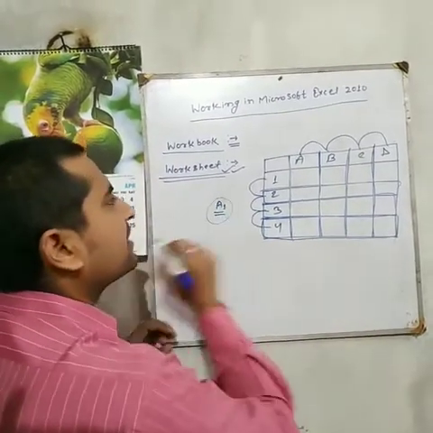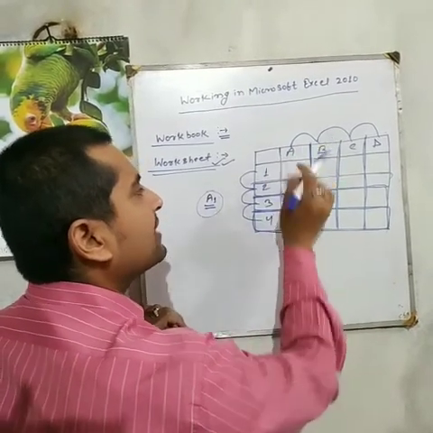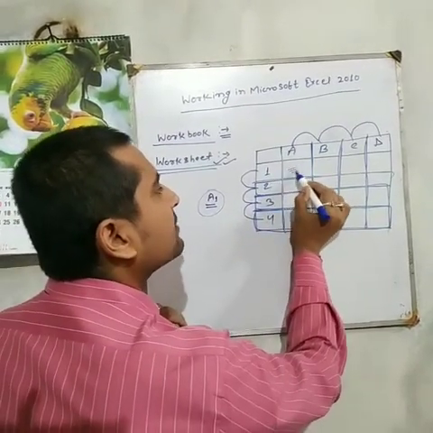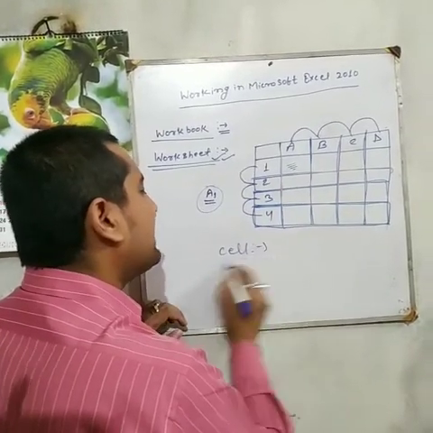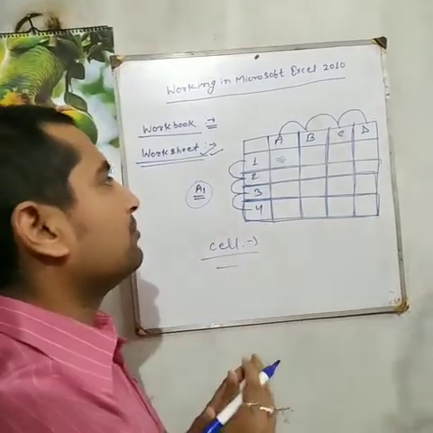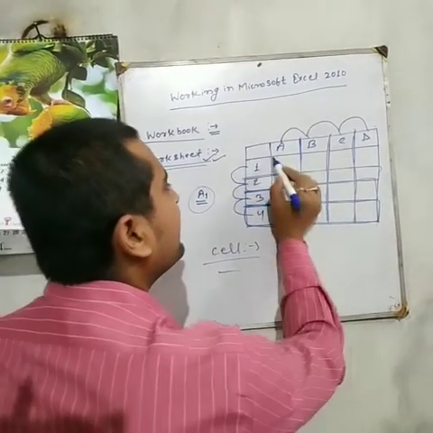A1 means what? Column A, row 1, that is A1. That is a cell. A cell is the intersection of rows and columns. The intersection of rows and columns is called the cell.